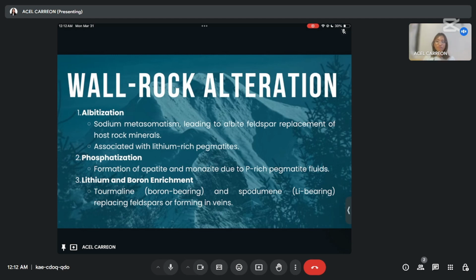Next is phosphatization, where the formation of apatite and monazite occurs due to phosphate-rich pegmatite fluids. And lastly, we have lithium and boron enrichment, where tourmaline, the boron-bearing mineral, and spodumene, the lithium-bearing mineral, replace the feldspar or form in veins.